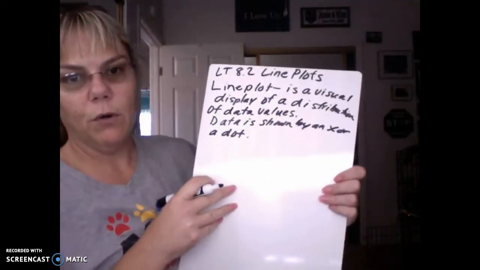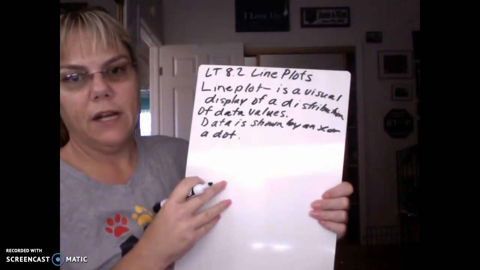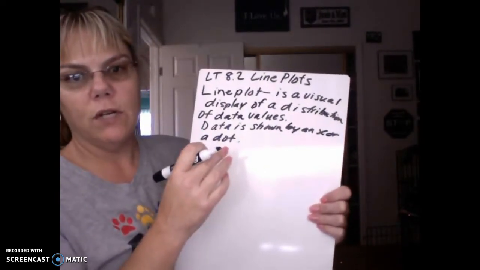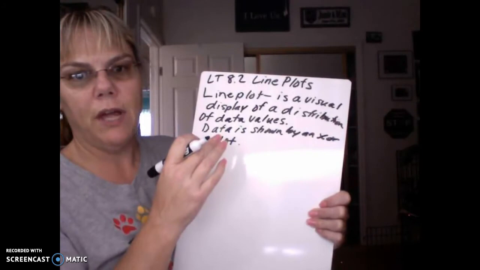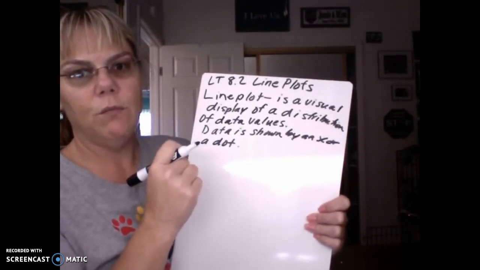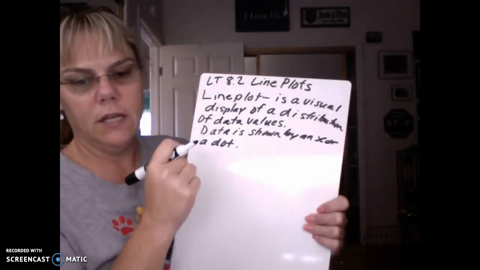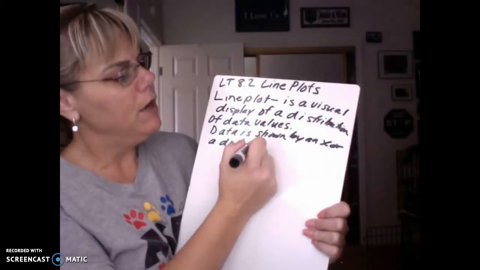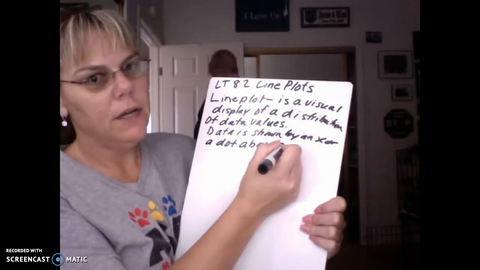So we use that number line and we show the data with an X or a dot. So it's a visual display of a distribution of data values, and the data is shown by an X or a dot above a number line.